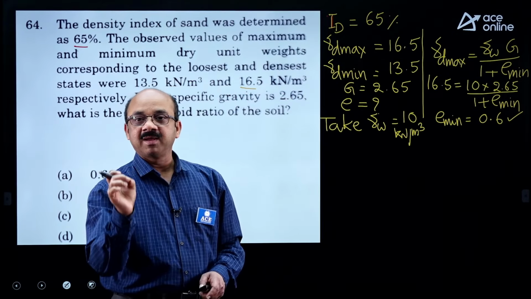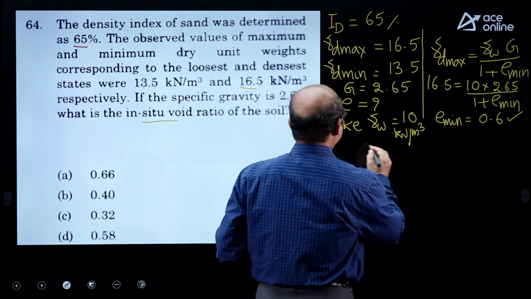In a similar manner, you also have to calculate maximum void ratio. Maximum void ratio corresponds to the gamma D value minimum. The formula will be like this.